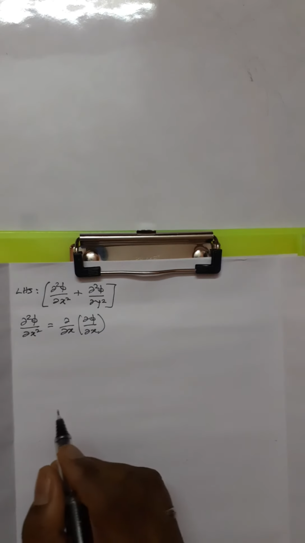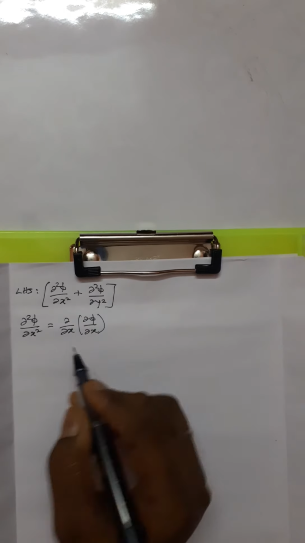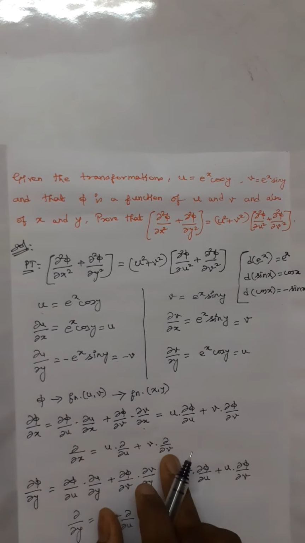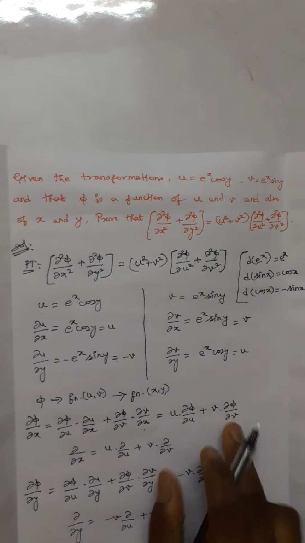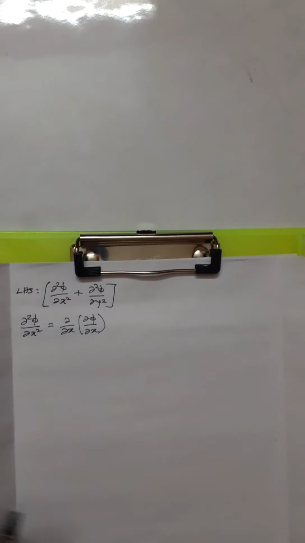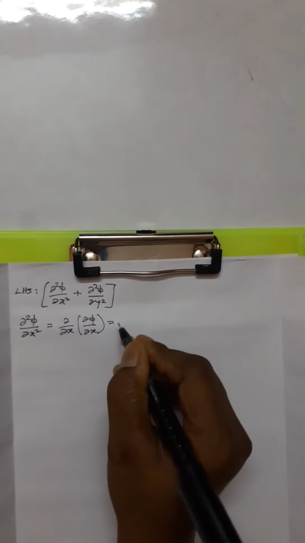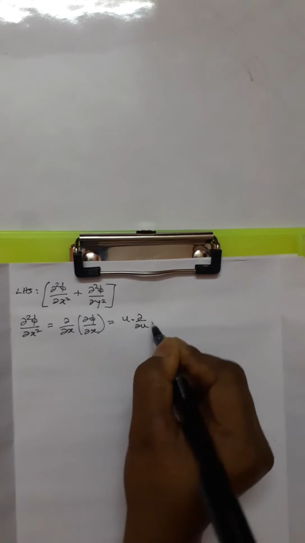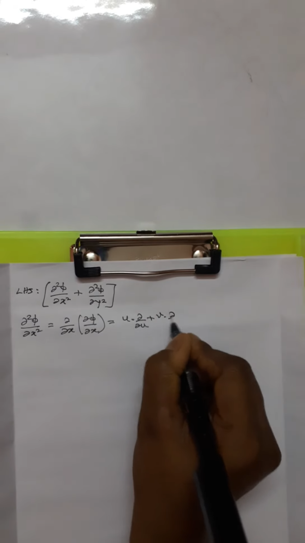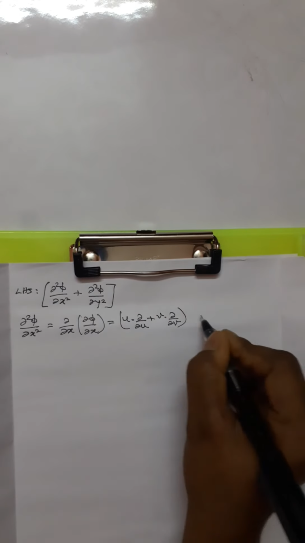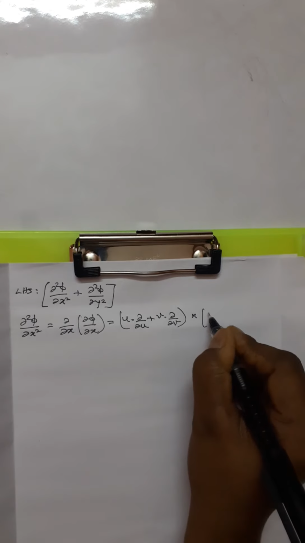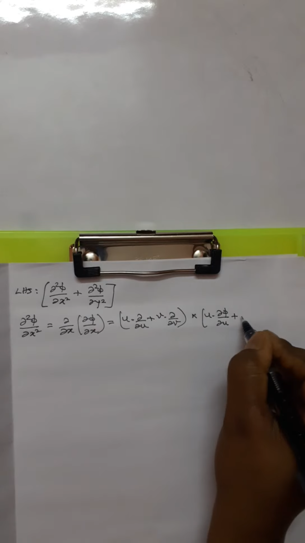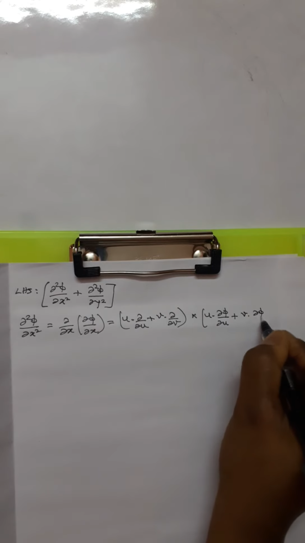And the values of dou by dou x and dou phi by dou x we have already found here. Just substituting those two values here, dou by dou x is given by u into dou by dou u plus v into dou by dou v, into u into dou phi by dou u plus v into dou phi by dou v.